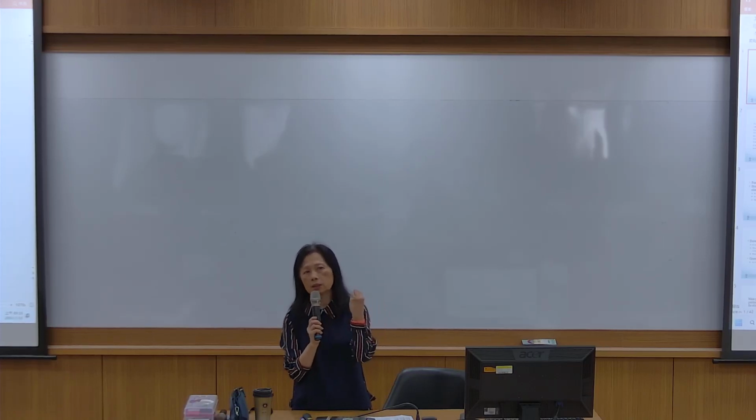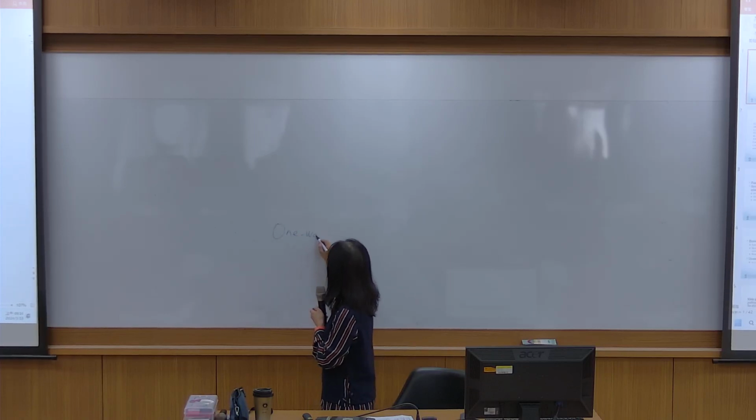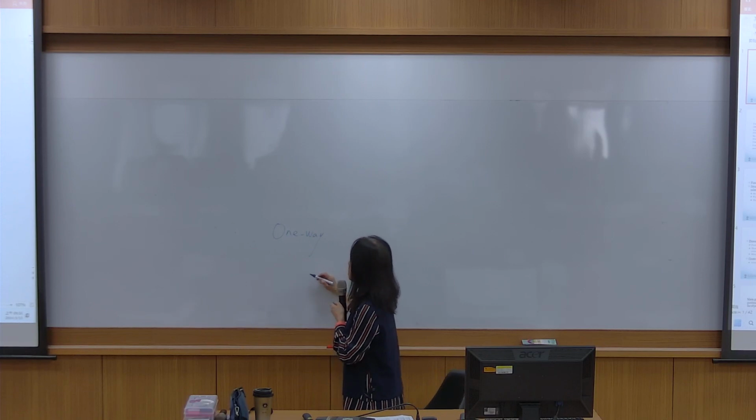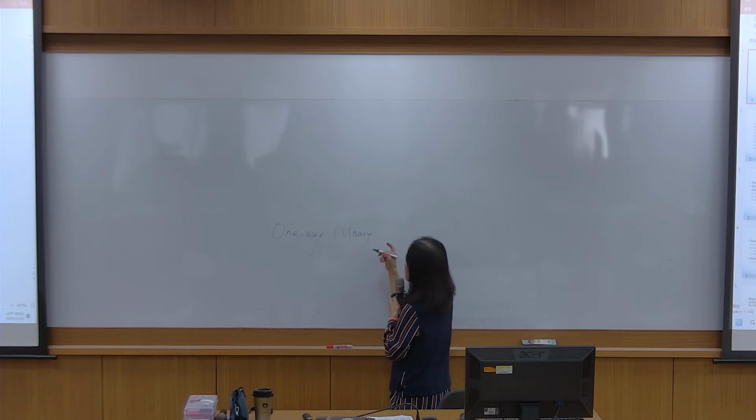A asks for data or a service from B. It's unary, one way. It's a unary association.